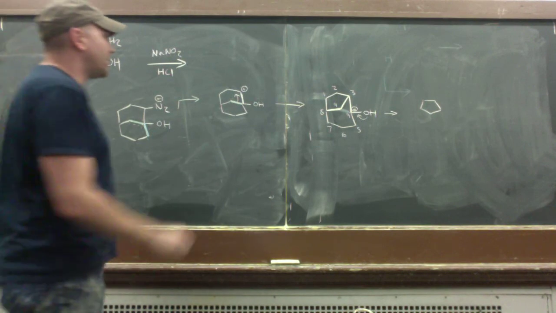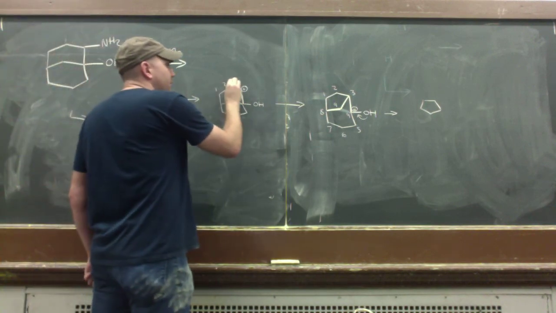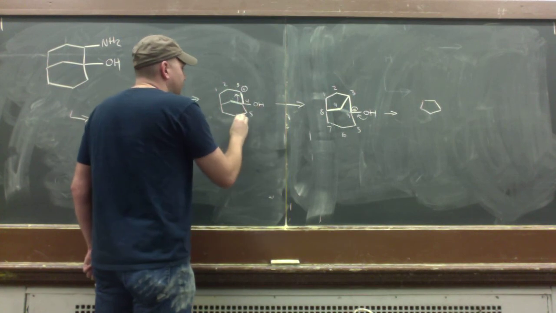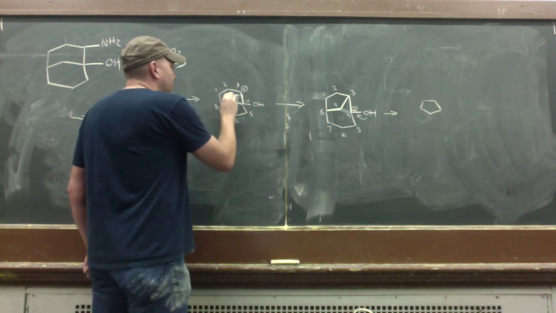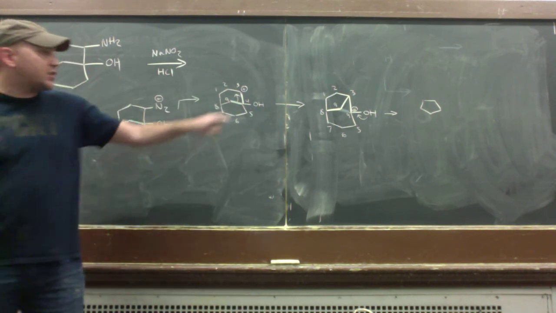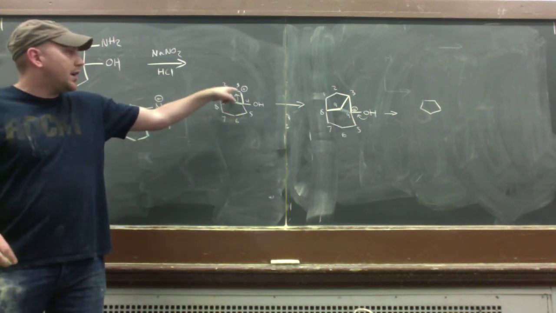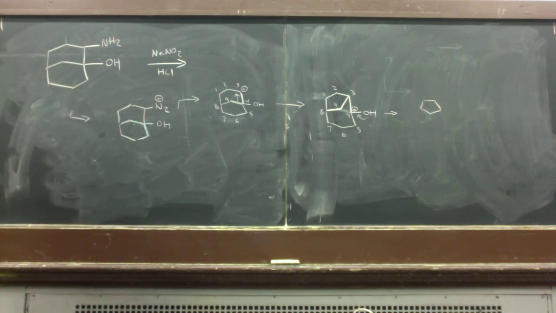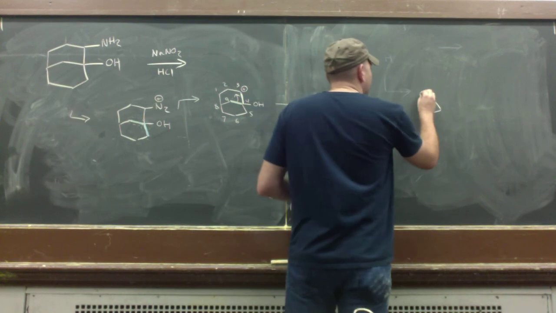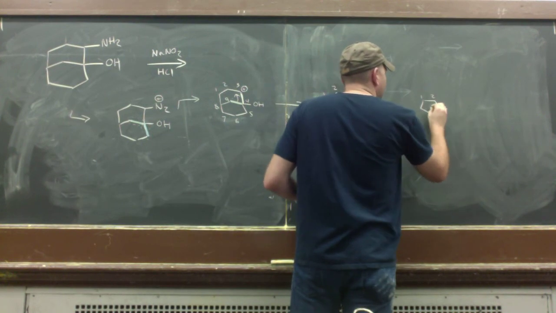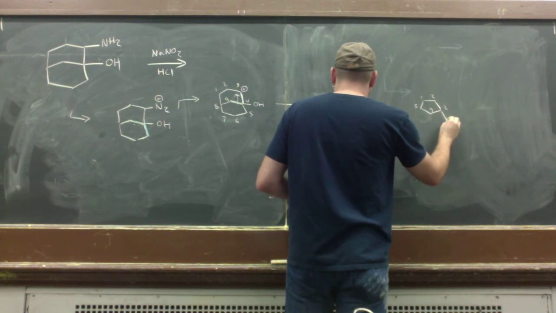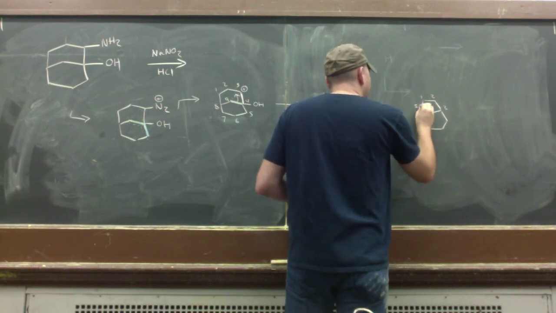Maybe I can go back and look at the first one just to make sure. 1, 2, 3, 4, 5, 6, 7, 8, 9. And again, as you see in the green line here, what we've done is we've made a bond that was initially going from the 9-4, and now it's going to the 9-3. Okay? So we've got 3, 4, 5, 6, 7, 8.